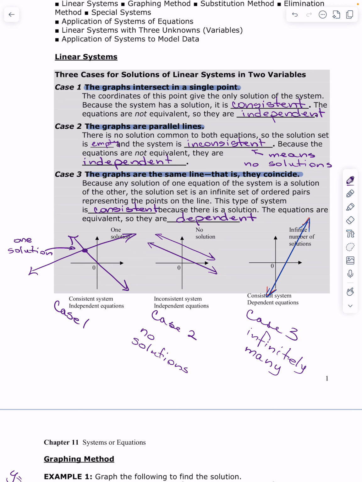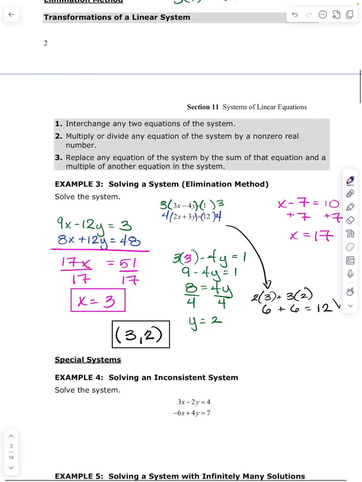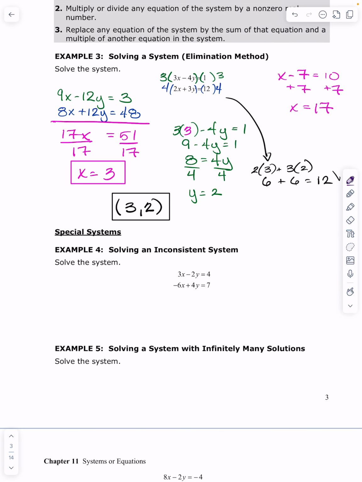We had inconsistent system, the parallel lines, we had no solutions. And then we had the dependent systems, where the 2 lines occupied the same space, and we had infinitely many solutions. So let's see what happens when I try to cancel one of the variables.